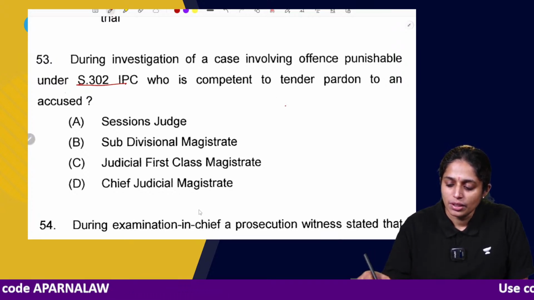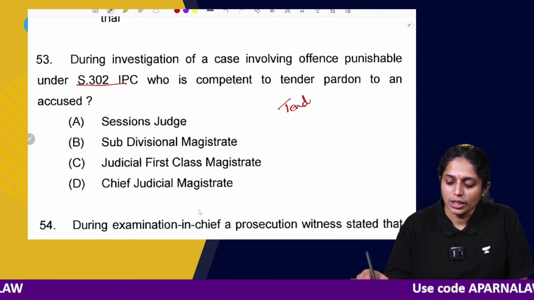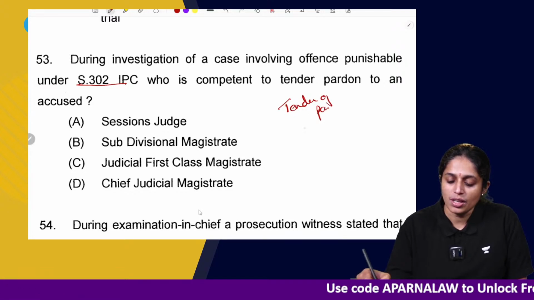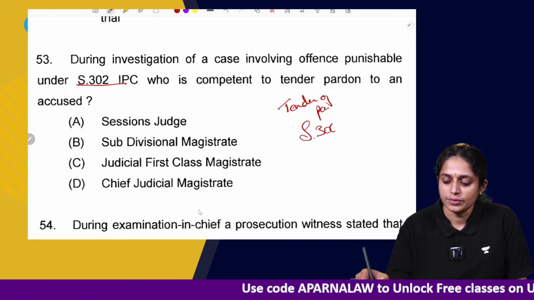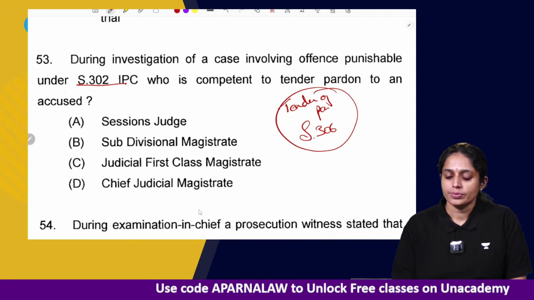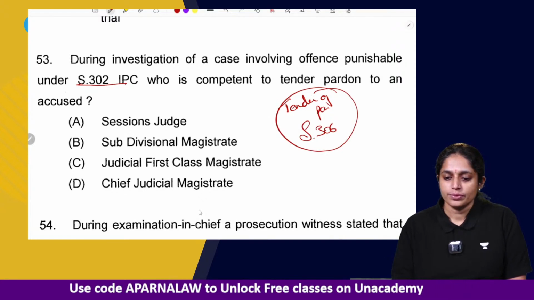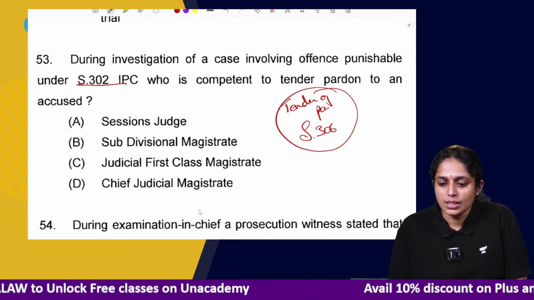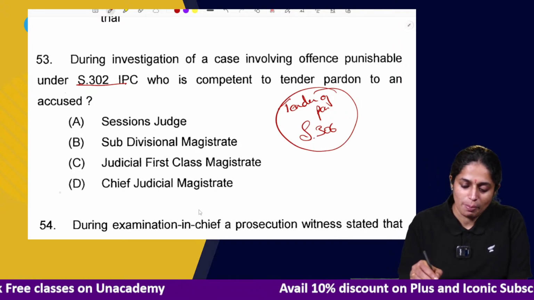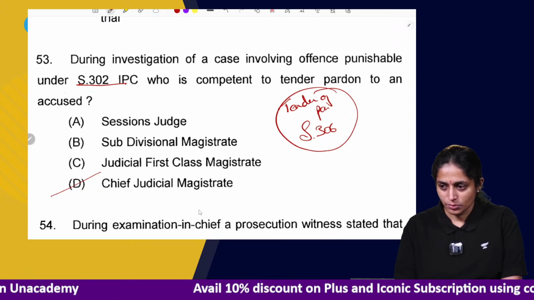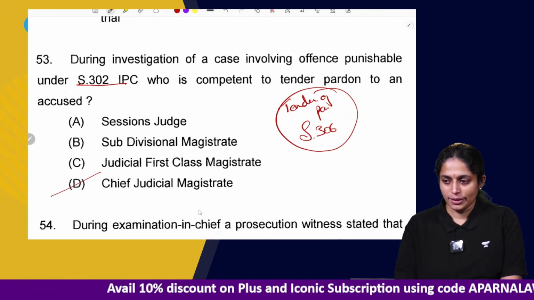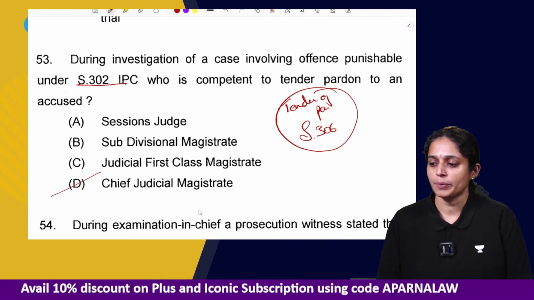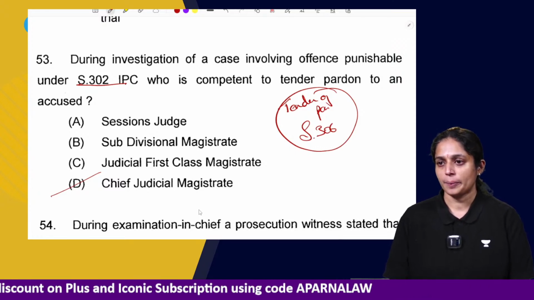Who can give tender of pardon to the accused under section 306? It is D, Chief Judicial Magistrate. Okay, 53, Chief Judicial Magistrate, CJM, he can tender pardon.